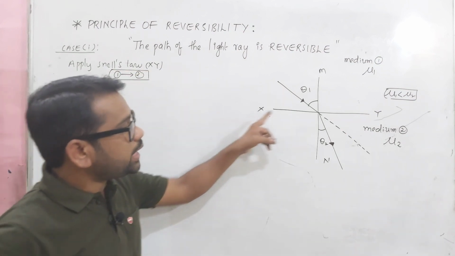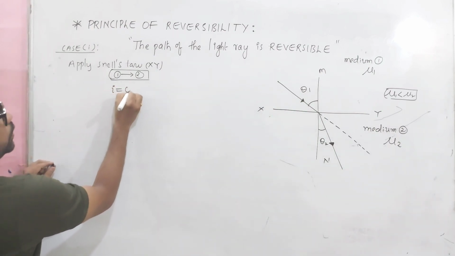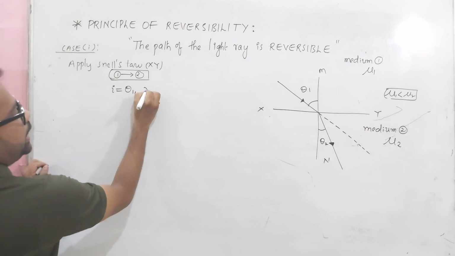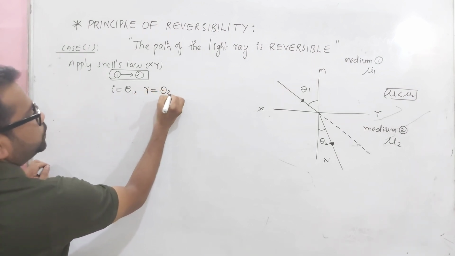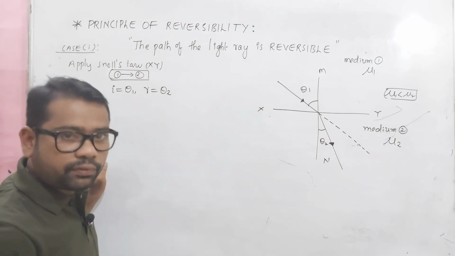Now, in this case, what is the angle of incidence? Theta 1. Here the angle of incidence is theta 1, whereas the angle of refraction is theta 2. Let us apply Snell's law of refraction.